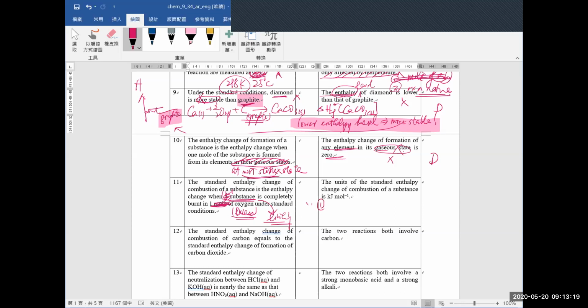Reason 1, you are going to make sure there is a complete combustion. Reason 2, you are going to make an accurate measurement that ensures that 1 mole of the fuel has been burned, for the calculations.